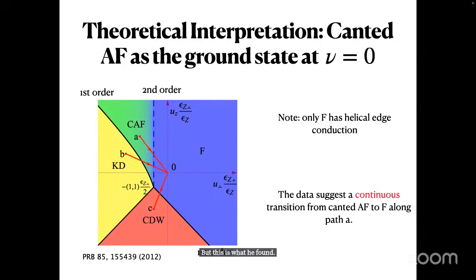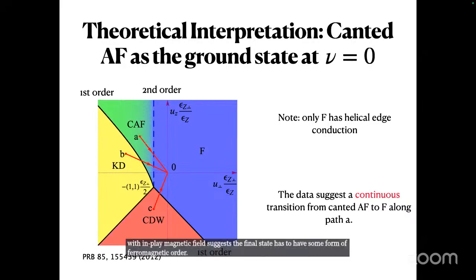In terms of theoretical interpretations, because we know in theory only the ferromagnetic state has some edge conductance, the fact he sees the edge conductance increasing with in-plane magnetic field suggests the final state has to have some form of ferromagnetic order.